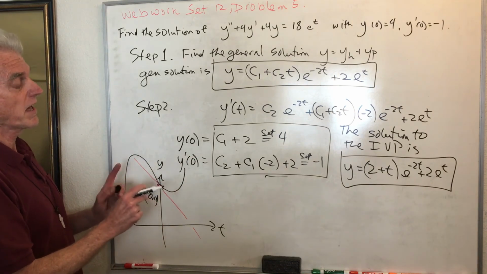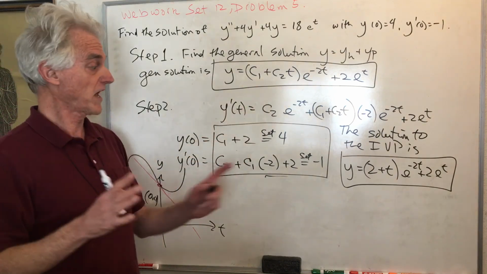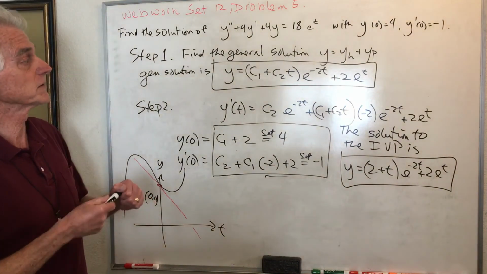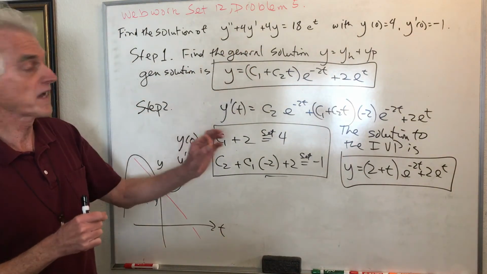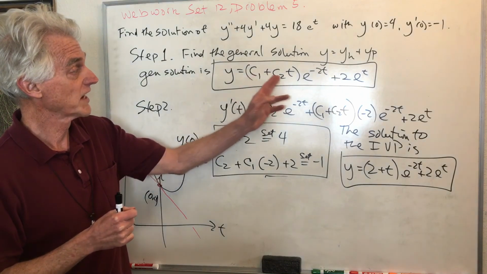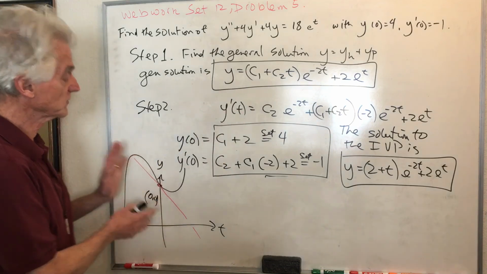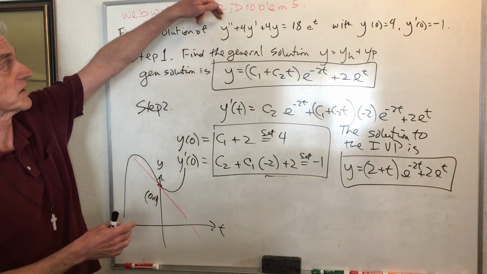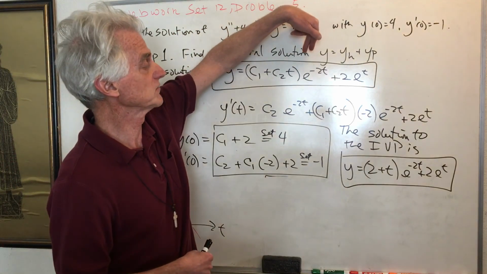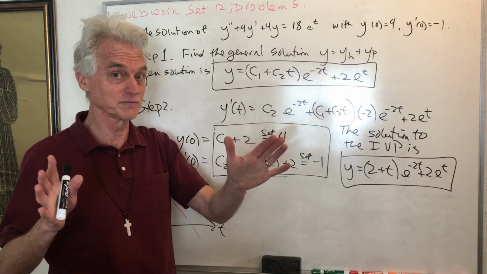So it's initially set with C1 and C2 the proper values to solve the initial value problem, but it might be fun for you to play with the sliders and see lots of different solutions as you vary C1 and C2. And all of those functions that are graphed are going to be solutions to the differential equation, but only the right values of C1 and C2 give you the solution to the initial value problem.